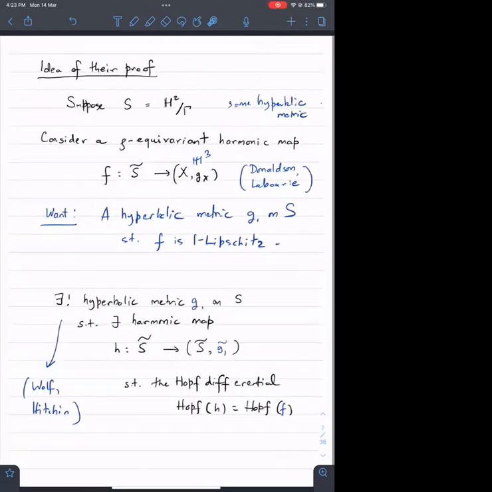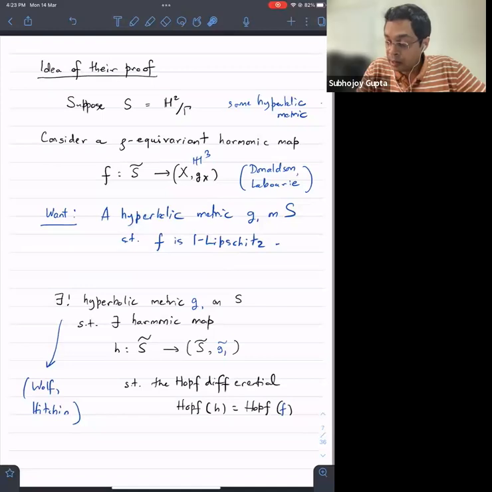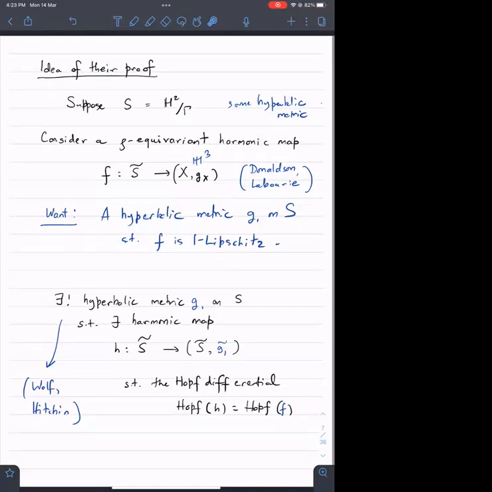Basically, here you have a map to some abstract CAT(-1) space, H3 or X, and that gives you your Hopf differential on your domain, which is now S. But what you are extracting out of this is a map from S tilde to the target surface.